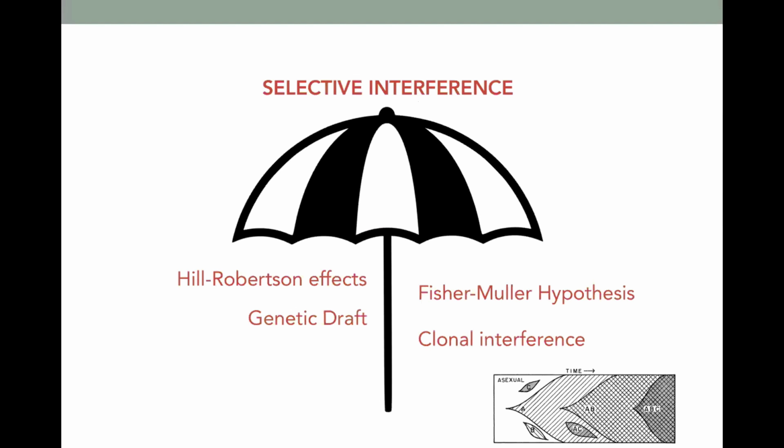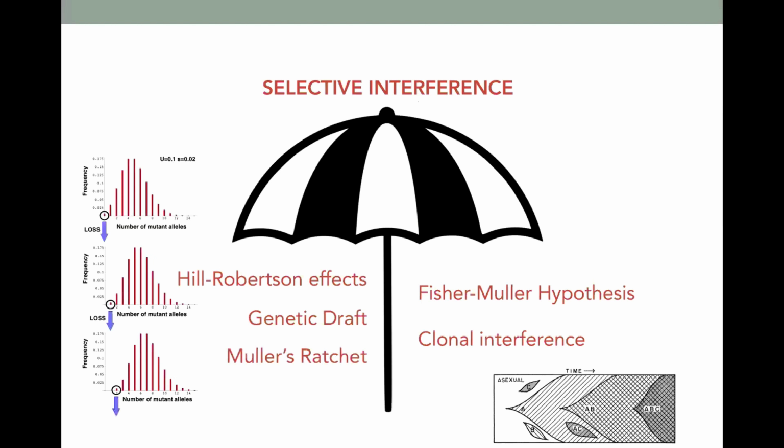I would also like to say that Muller's ratchet belongs under this umbrella too. Muller's ratchet is a phenomenon where if the most fit combination is lost from a population by chance in any generation, then it cannot be recreated in the absence of sex and recombination. And so there's a loss of that best class, the moving over the distribution, and that can ratchet and happen again and again.